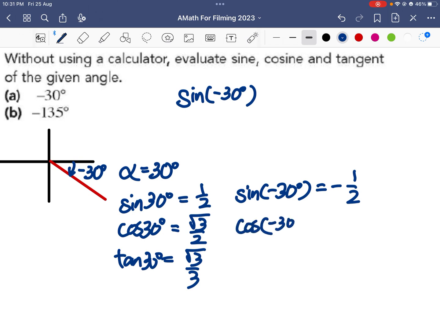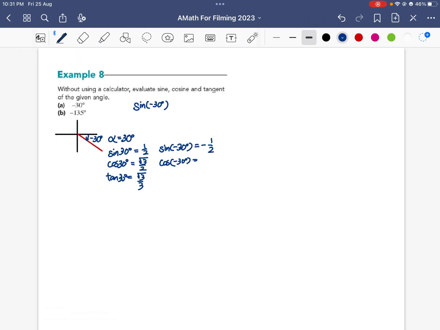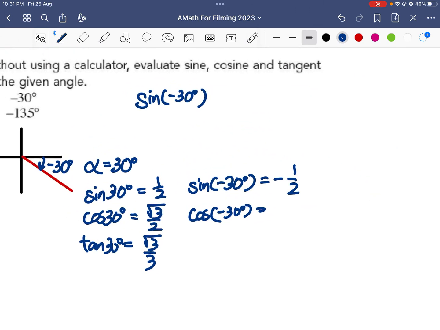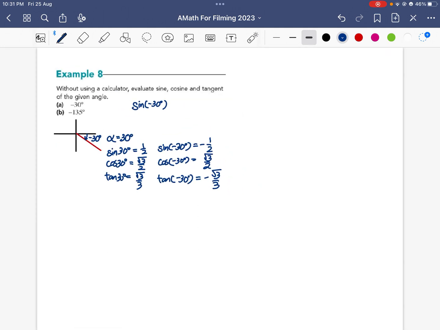Similarly, cosine of negative 30 degrees, as we have learned from the previous slide, is equal to cosine of theta. So cosine of 30 is square root 3 over 2. Tangent of negative theta is equal to negative tangent 30. So here it is negative square root 3 over 3. So that's it for example 8.